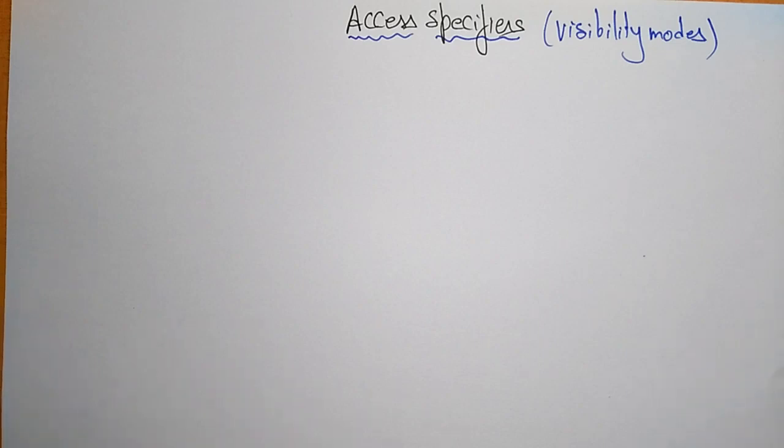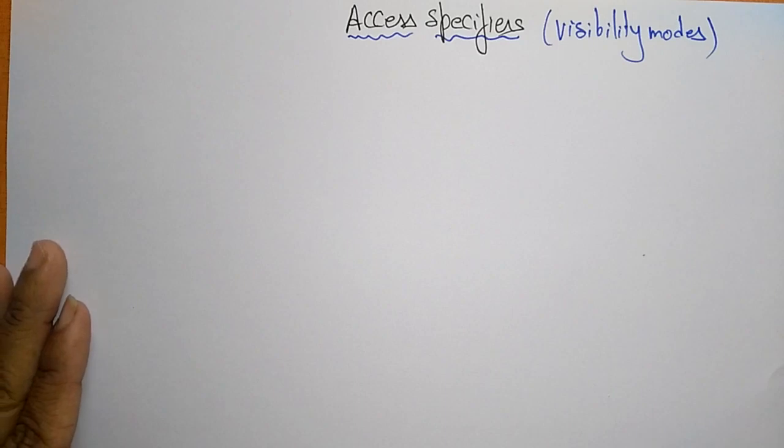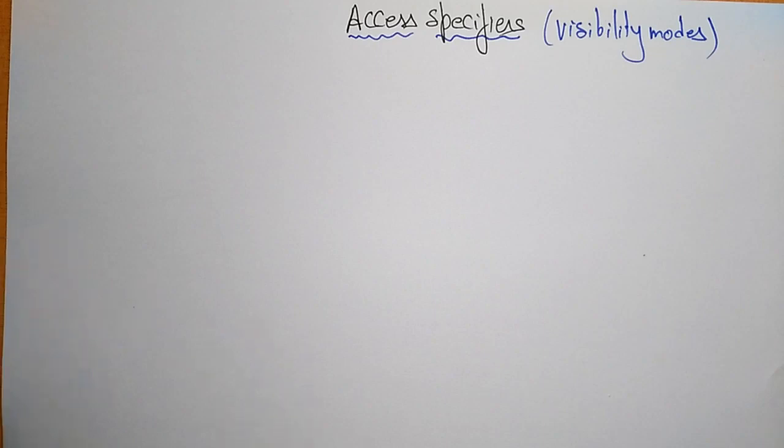Every member of a base class is inherited by a derived class, just with different access permissions. So access specifiers give the permissions to access the data members and the member functions in other classes.